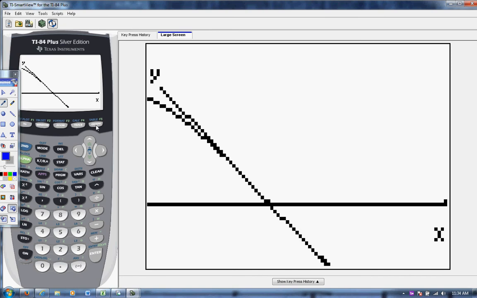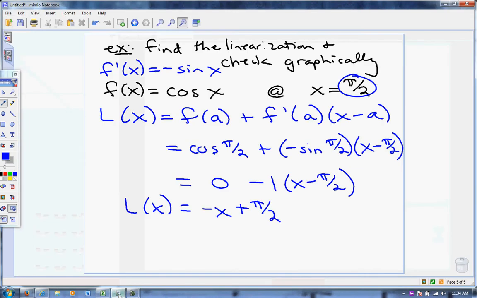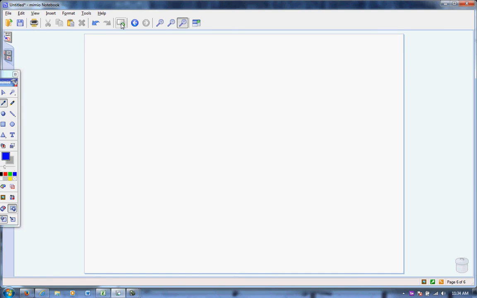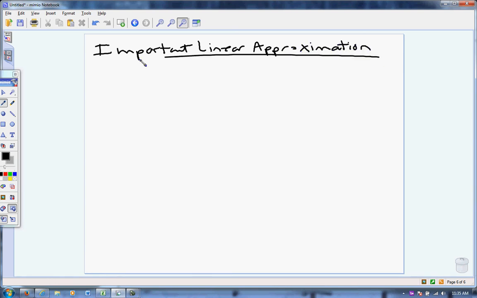Now, let me give you one more thing before we quit today. It is what I would call an important linear approximation. It's nothing more than kind of a shortcut, I guess you could say.